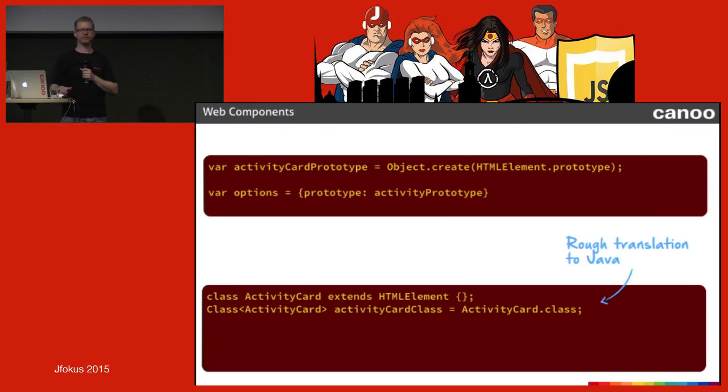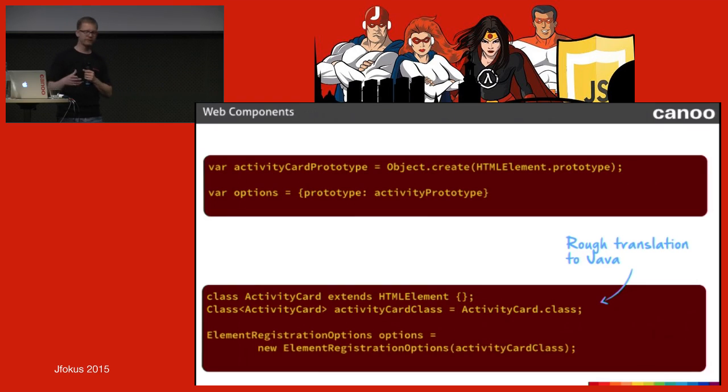Next, we need to create some options. It's a new class which has the property prototype, and we need to pass in the new prototype that we just created. If we translate that to Java, we need to create a new options class, and then we pass in this handle to the class so that the options know what class the new element needs to be derived from.